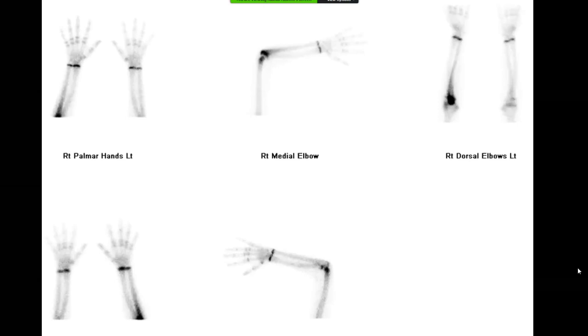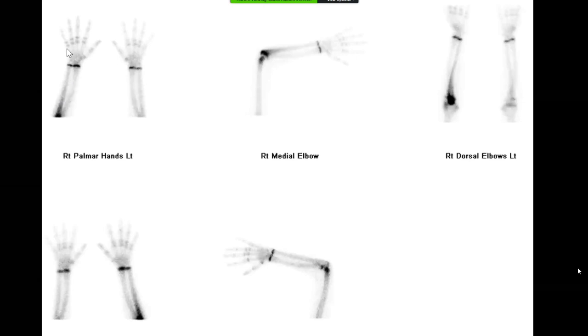Comparing with the X-rays, yes, you're right. There is an asymmetrical increased uptake on the right side, and the uptake is more localized in the proximal ulna. I probably won't say it is only localized to the coronoid process. It probably is localized to the olecranon, the whole of the proximal ulna, and also extending into the proximal metadiaphysis.